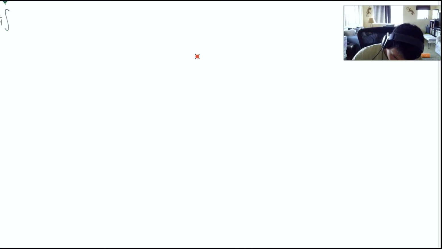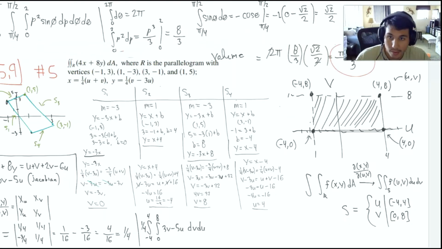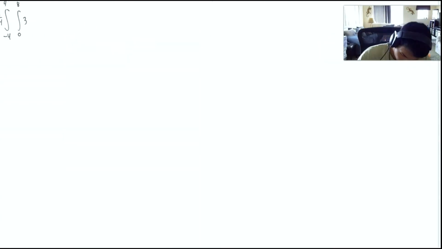1/4, 4, negative 4, 8, 0. I believe it was 3v, 5u. Okay, so if we integrate first with respect to v, from 8 to 0, we'll do that. 5u dv.